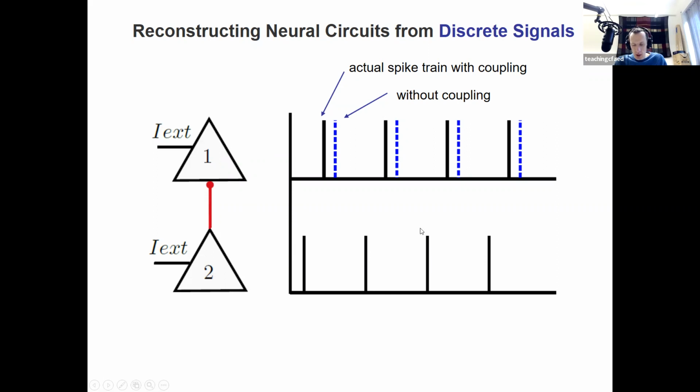Then there's this emission here, that emission, and there's a coupling from neuron 2 to 1, and it accelerates the next spike. So it shifts the next spike to earlier times. The message here is that if there's coupling, it changes how the spike patterns are emitted.